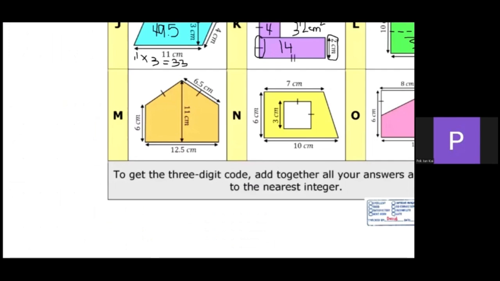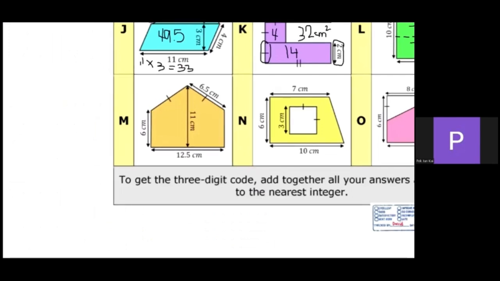Next, we can divide the shape into a triangle and a rectangle. For the triangle, we take 12.5 centimeters and multiply it by 11 minus 6 centimeters. So 11 minus 6 is 5. So the height of the triangle is 5.